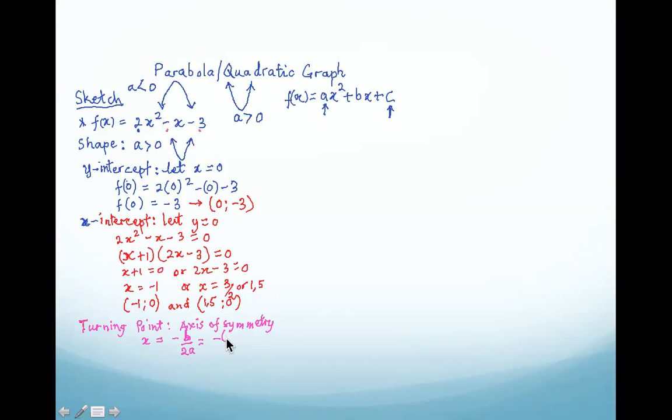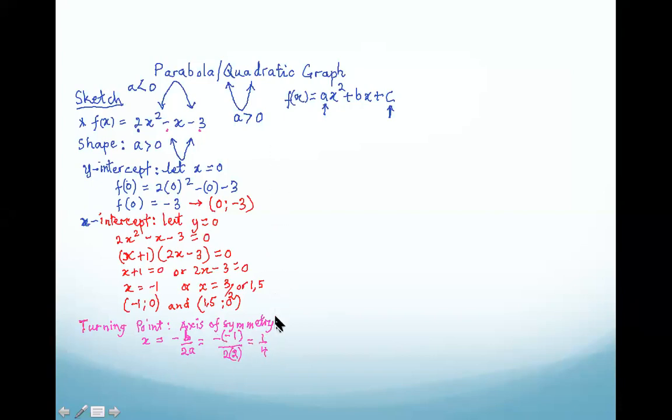So our b is -1. So I'll say minus -1 over 2 times a. Our a is 2. Negative times negative is positive. 2 times 2 is 4. So this is the x coordinate of the turning point.